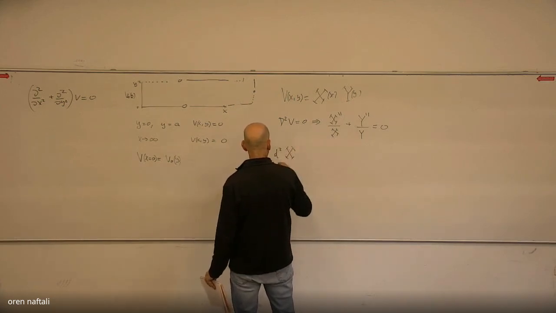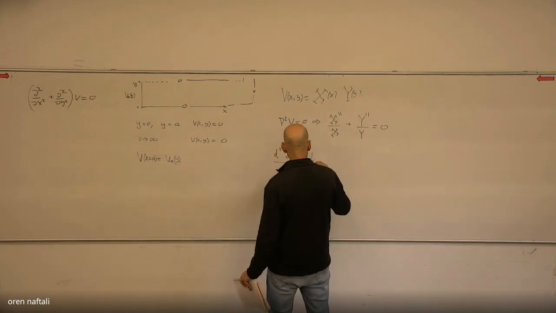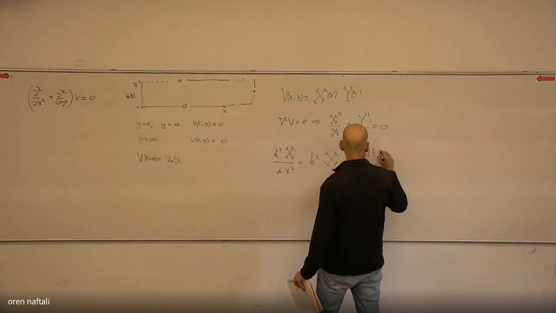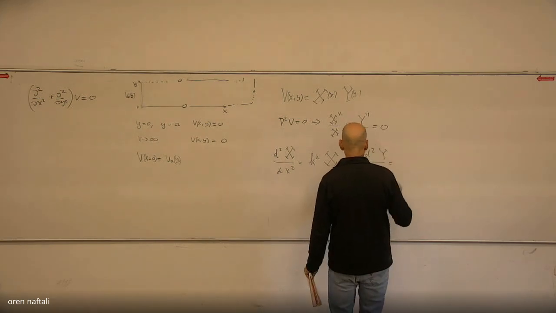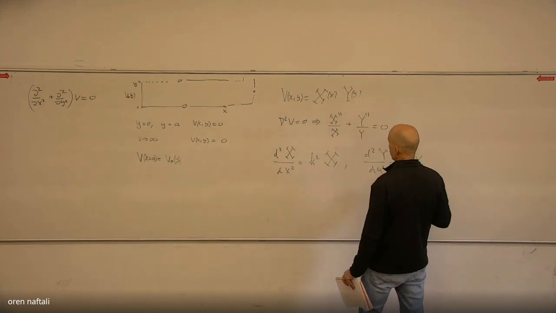Capital X'' equals, I would like to write it with k squared, capital X. And the second equation is with a minus k squared, over Y.